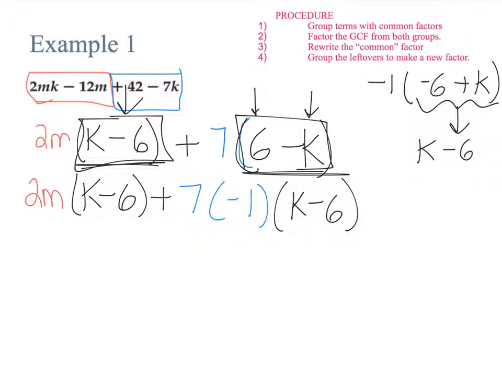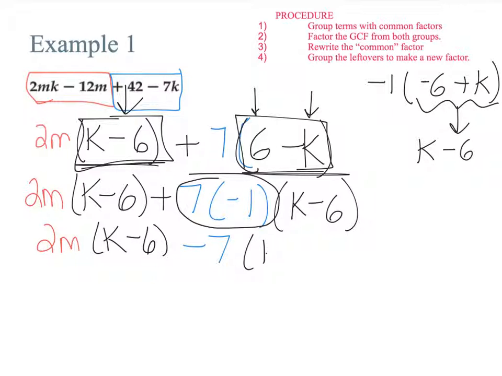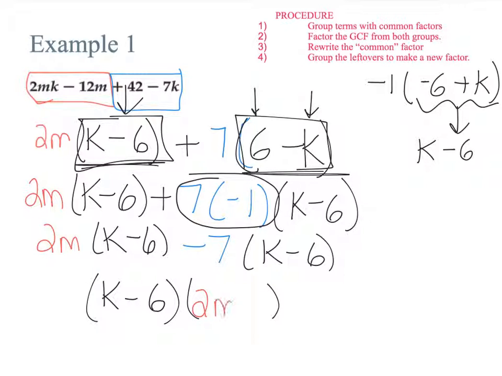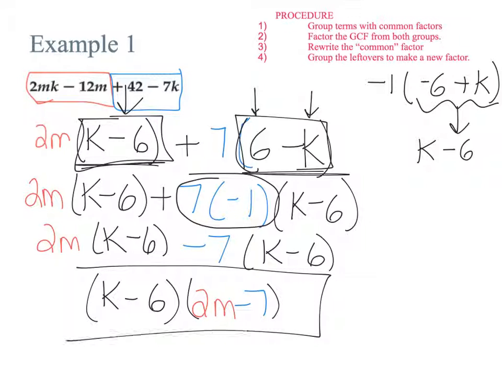So again, I bring down my 2m and my k minus 6, and my 7 times negative 1 becomes my minus 7, k minus 6. And now we're back to how we know how to factor by grouping. I bring down my k minus 6, and I bring down my 2m minus 7. That's our final answer. The only difference here was factoring out a negative 1.